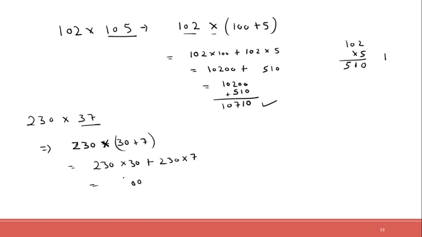Then 3 into 3, 9. Then 3 into 2, 6. Plus 7 into 0, 0. 7 into 3, 21. 1 here, 2 extra. 7 into 2, 14 plus 2, 16. So add this. 0 plus 0, 0. 1 plus 0, 1. 6 plus 9, 15. 5 here, 1 extra. 1 plus 6, 7. And this extra 1, 8. So this is the answer. I hope this is clear to you now.